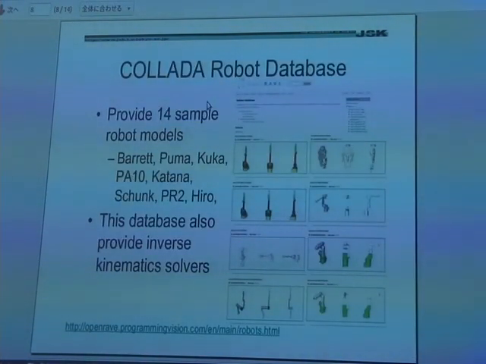We also have a COLLADA robot database on the website, and currently we provide 14 sample robot models, including the Barrett arm, Puma, Kuka, PA10, Katana, Schunk, PR2, and the Kawada HIRO robot.